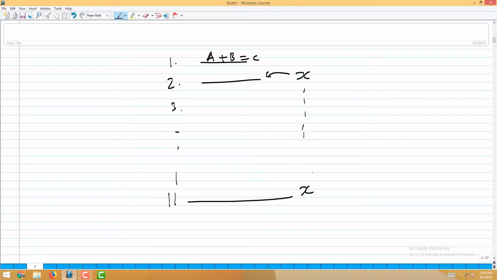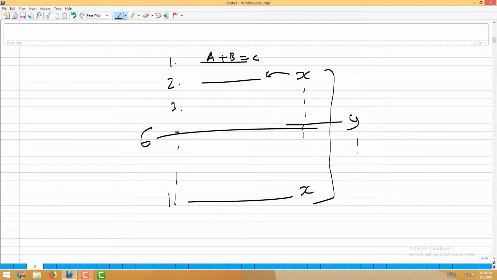Whatever the programmer did, just forget it. So the compiler has to understand that beyond this, x is not required. On the other hand, there is another variable y which started at instruction number 6 but goes all the way to, say, instruction number 15. Before that it is not used, after that it is not used.